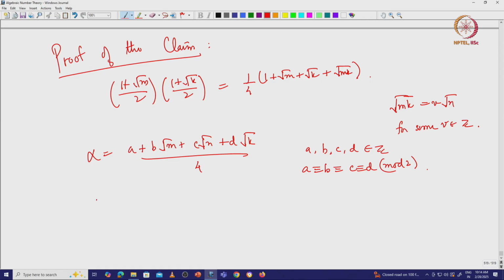Right, okay, I want to write my alpha as a plus b square root of m plus c square root of n minus d square root of m minus d square root of n by 4, and then since I have subtracted this, I should also add these somewhere.